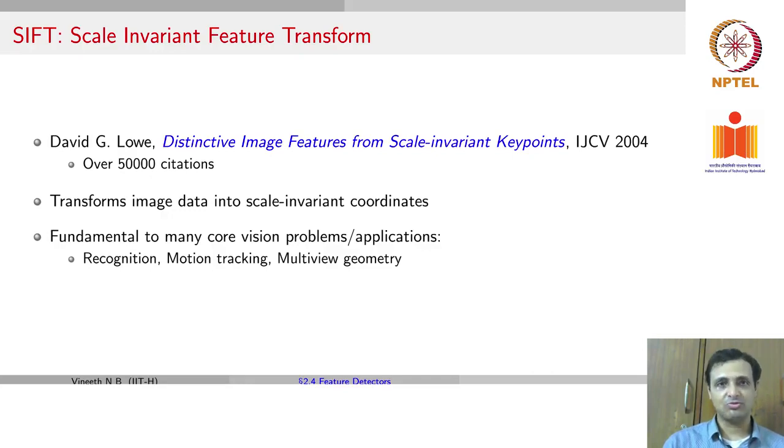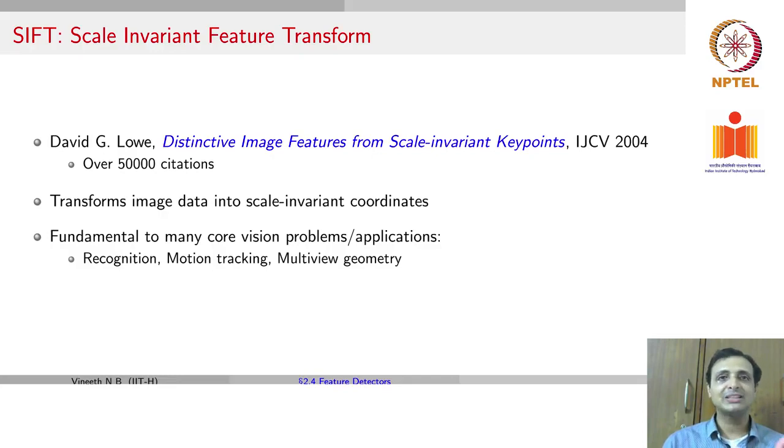The main objective of SIFT is to transform image data into scale invariant key point coordinates. So once again, very similar to the Harris-Laplace detector, our goal is to extract key points from images, but we're going to go one step further now. In addition to detecting those key points in the images, we also want to find an effective way of describing those key points.